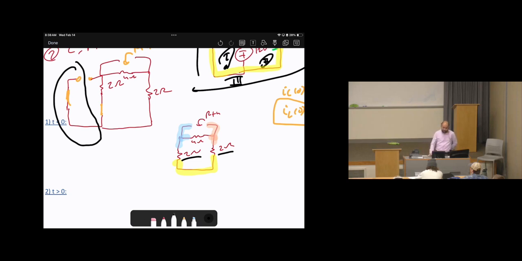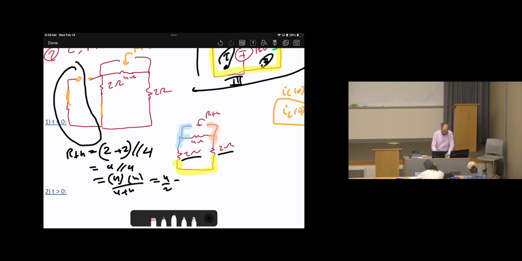Then their equivalent, is it in parallel or series with the 4 ohms? Parallel. So R Thevenin equals 2 plus 2, because in series, then their equivalent is in parallel with 4, which makes it 4 parallel with 4, which is 4 times 4 over 4 plus 4, or 4 over 2.